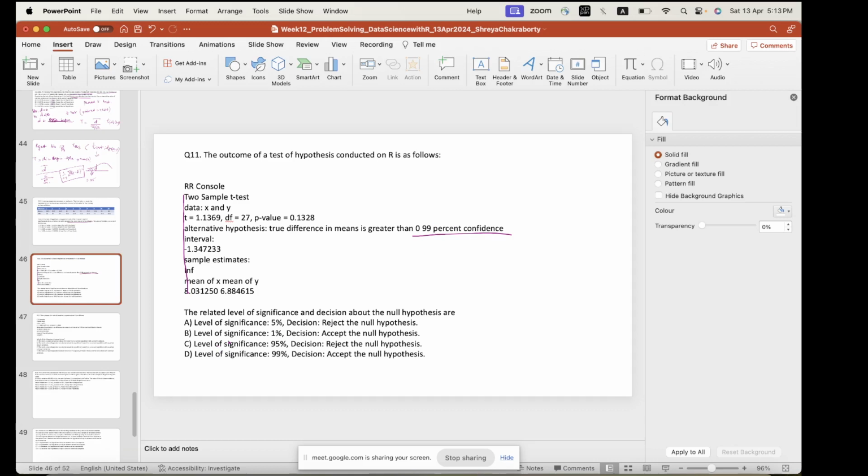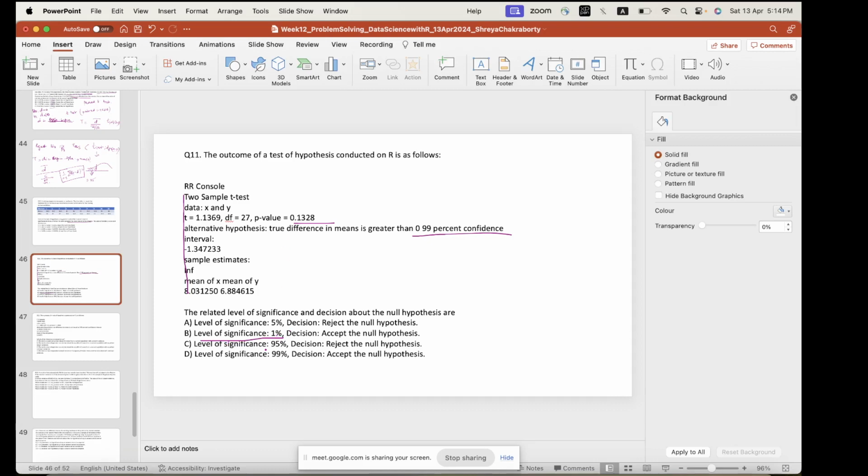So here your level of significance is how much? It should be 1%. However much confidence, 1 minus that will be your level of significance. And p-value, if it is less than this level of significance, then your decision is reject. If not, it is accept.